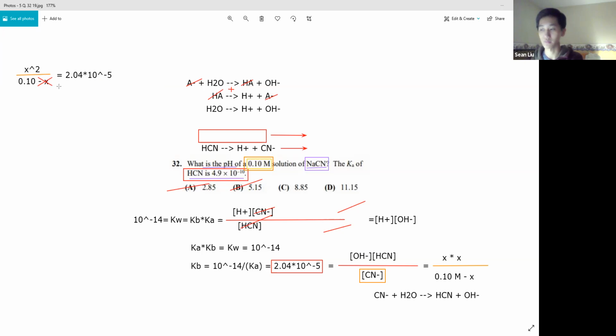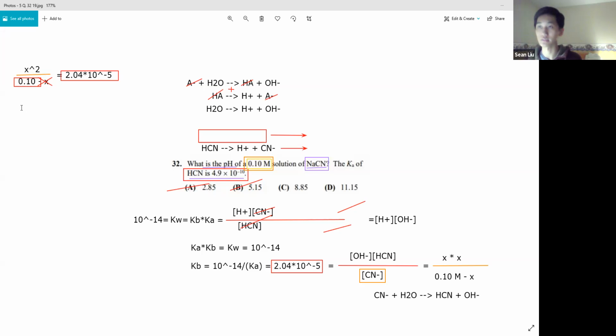It's an approximation, essentially, so that you don't have to try to bash out your quadratic every single time you do an acid base. You can simplify the question a bit for yourself through a tiny assumption. And this is a more fine detail, so it's okay if you guys don't remember this, but the way we determine whether this assumption is valid is by looking at these values. Is the power of 10 separated by more than 3?